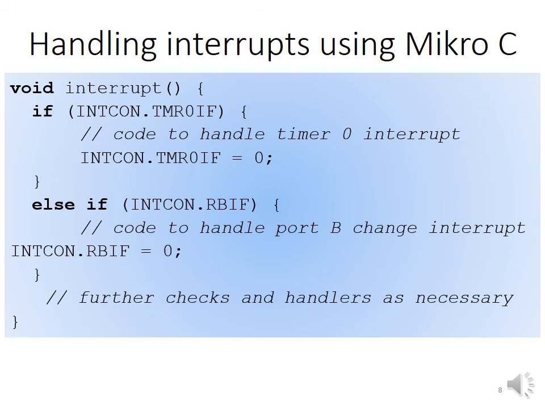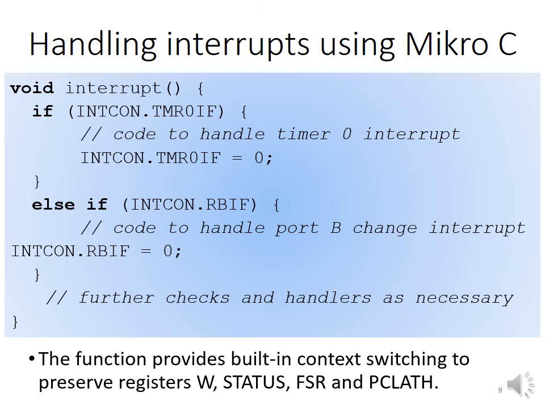If that was the case, the corresponding handler will be executed. If not, the ISR may proceed to check all other interrupts so as to get the actual interrupt that would have caused branching to the interrupt service routine. After getting this interrupt, the handler can then handle it accordingly.